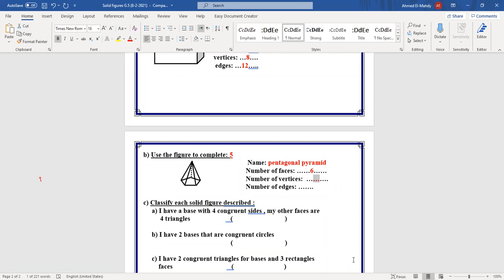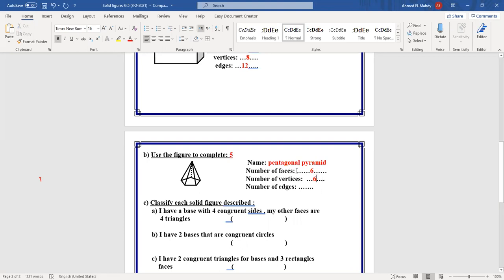To find the number of vertices, we add the number of base sides plus 1. 5 plus 1 equals 6.